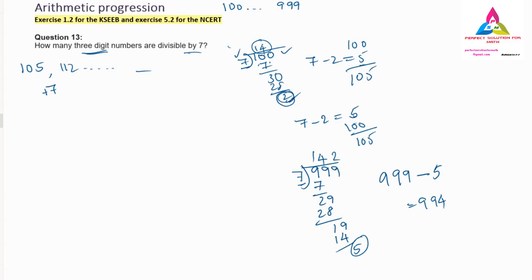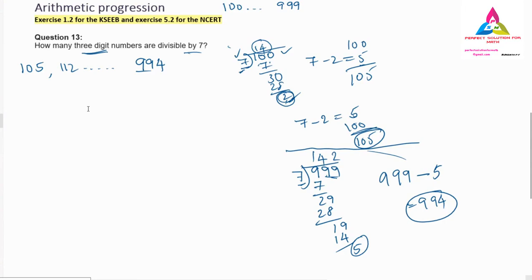So the last term is 994. Did you understand how we found it? For the first term, you need 7 minus the remainder, which is 5, then add it to the first number, 100, so we got 105. But while finding the last term it is different. We divide as it is, and the remainder we got we subtract from the last number, 999. So we got 994. Like this we have to find.